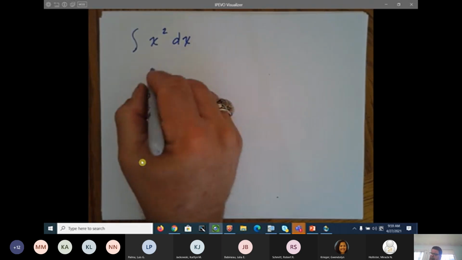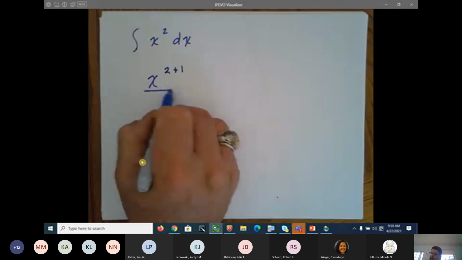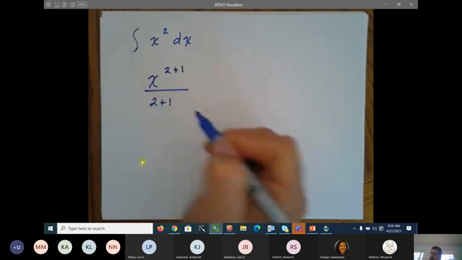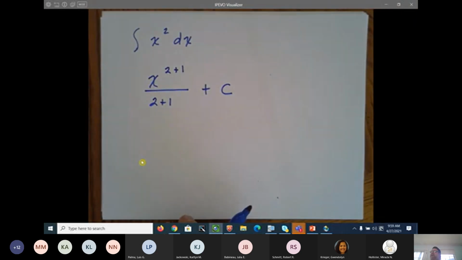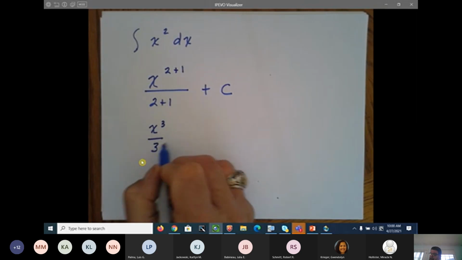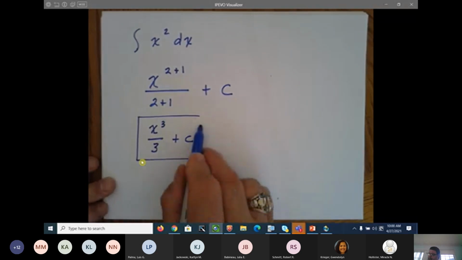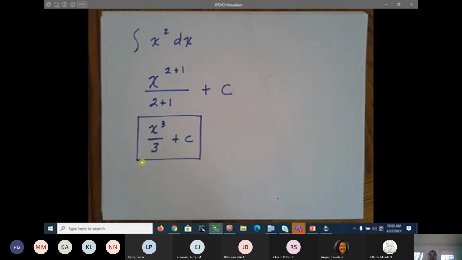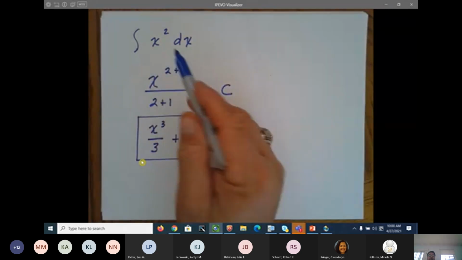I'm going to take x, and I'm going to take 2 plus 1 and divide by 2 plus 1, and I'm going to add a c, and I'll explain that in just a second. And that's going to give me x cubed over 3 plus c. And that is a basic indefinite integral or antiderivative of x squared.